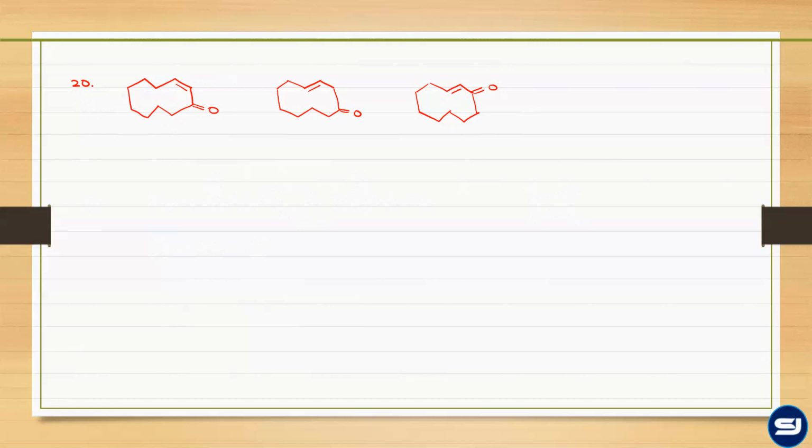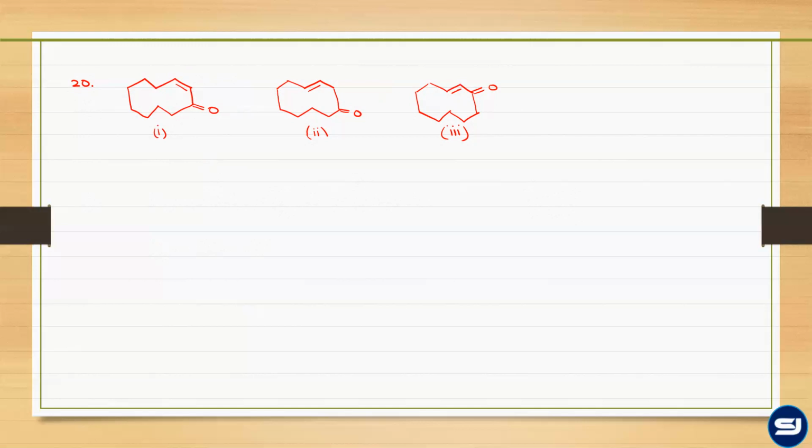Option A, 1 and 3 are identical. 1 and 3 are identical. True or false? True. They are in conjugation in both the cases. But in the first one, the double bond is not at these two carbon atoms.